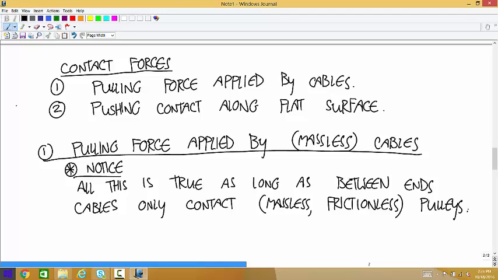Okay, so all of the rules that I'm going to give you work for cables going over pulleys, no matter how many pulleys there are, as long as the cable between the two ends doesn't touch anything else besides pulleys. There could be 1,000 of them, and this still works.